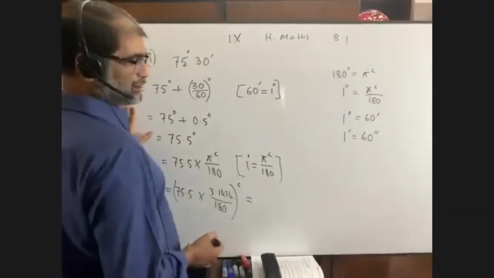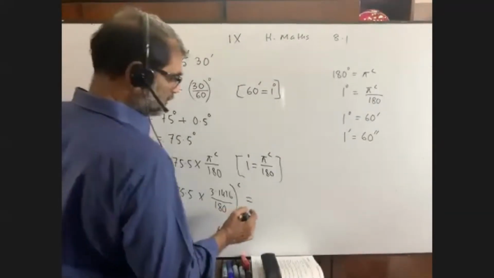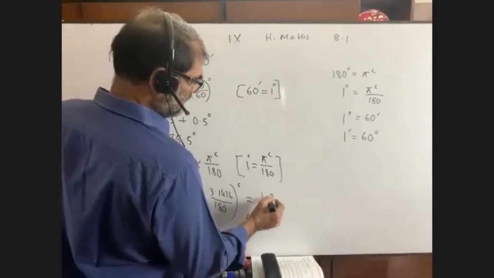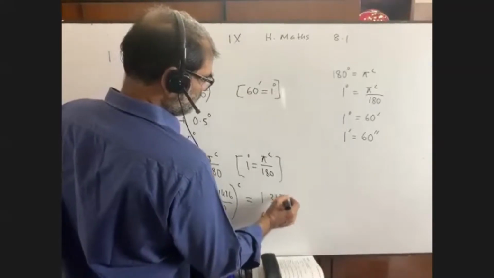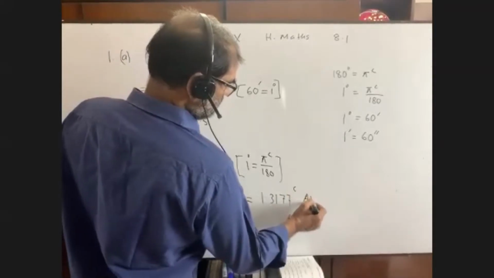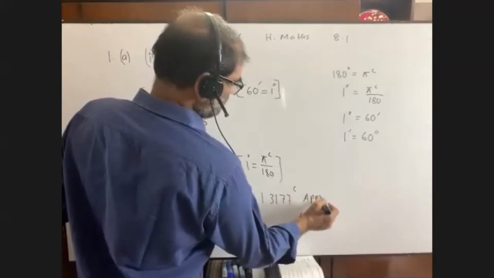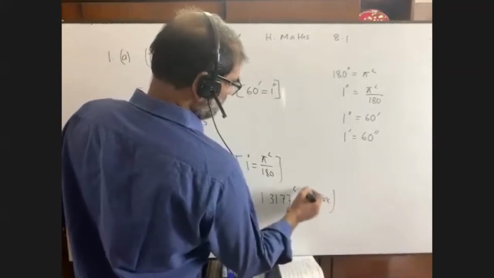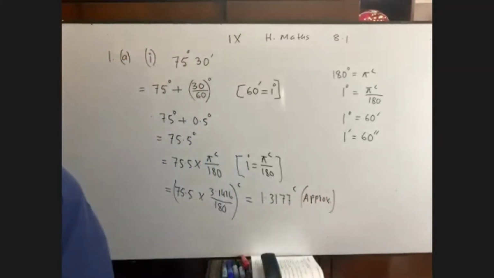Don't you have a calculator with you? 1.3177. It is very hard rendering, okay? Approximately. Is it okay to all?